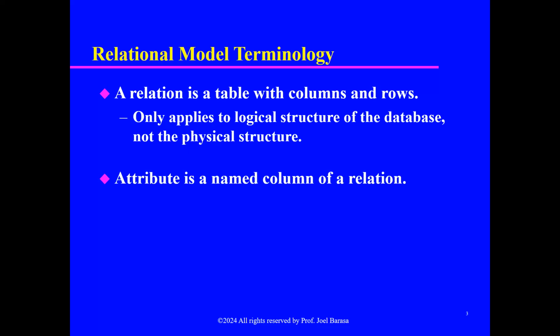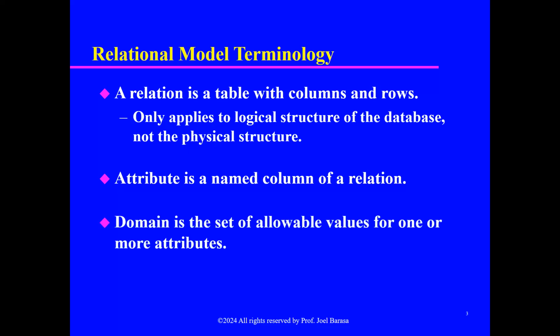A column within a table is what is called an attribute. What is a domain? It is a set of allowable values for one or more attributes. This is the content that is allowed within this attribute and can be accepted. That's a domain.